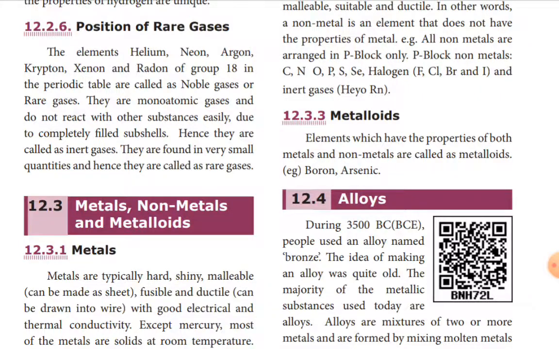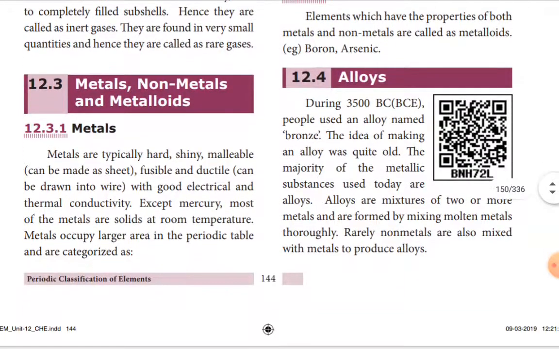Then metals and non-metals. Metals are typically hard, shiny, malleable, which means they can be converted into sheets, fusible, and ductile, which means they can be drawn into wire, with good electrical and thermal conductivity, except mercury. Most metals are solid at room temperature. Metals occupy a larger area in the periodic table.